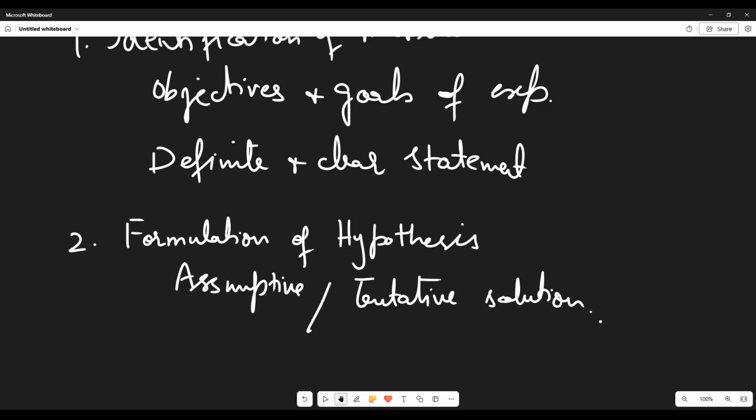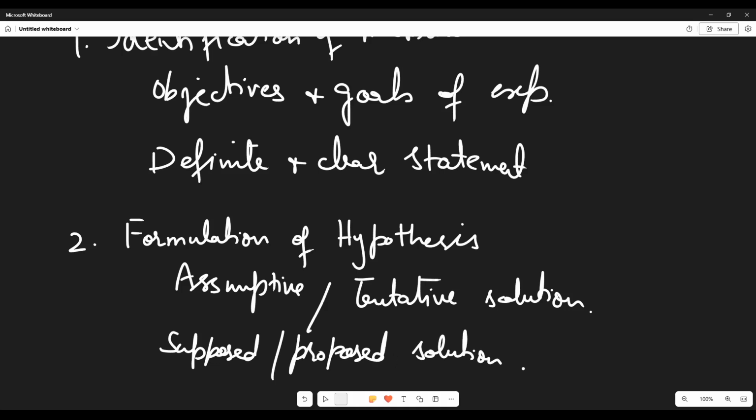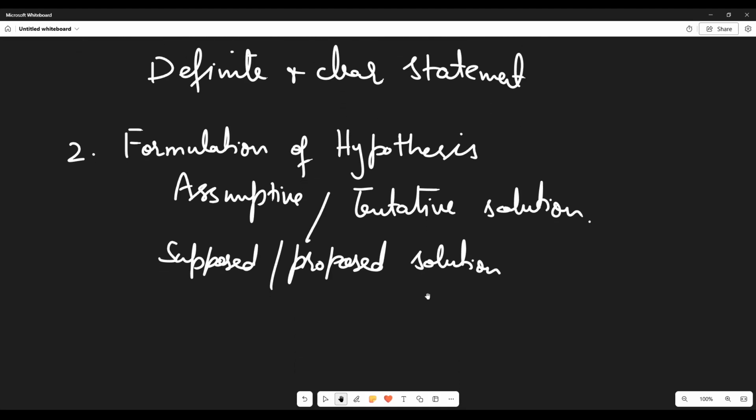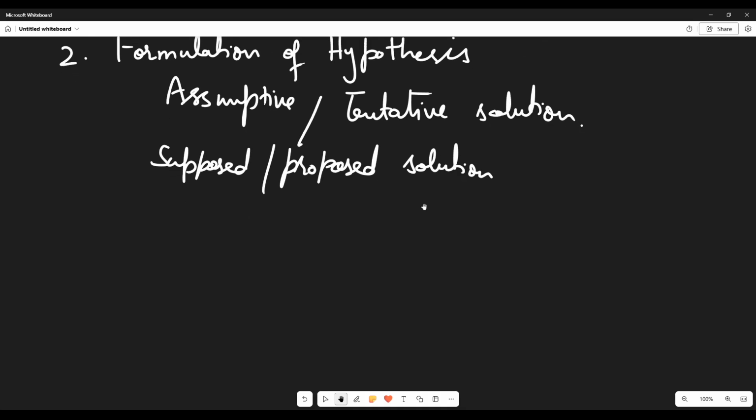It is a testable statement based on limited evidence and is a starting point for further investigation. It is also called the supposed or proposed solution of the problem. It is tested against some empirical evidence. It can be accepted or rejected after the experiment.